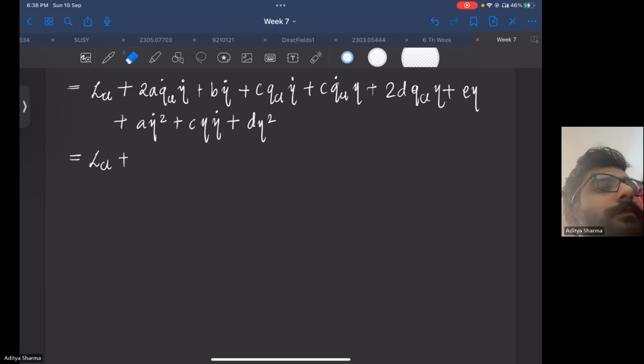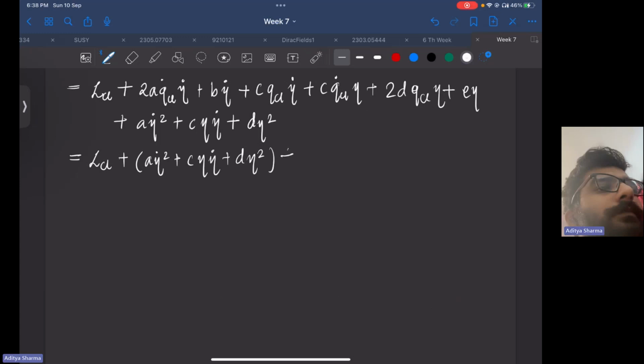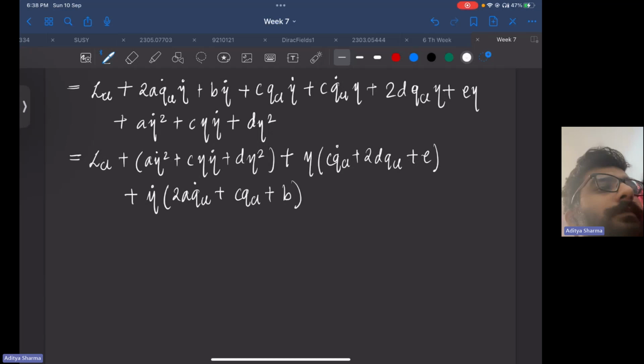Oh, sorry. So leaving these terms, which is a beta dot square plus c beta dot plus d beta square, plus the other terms, which will club together as eta times c q dot classical plus 2d q classical plus e, plus eta dot times 2a q classical dot plus c q classical plus b.